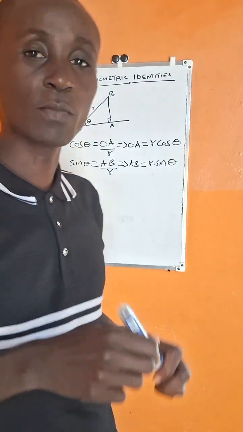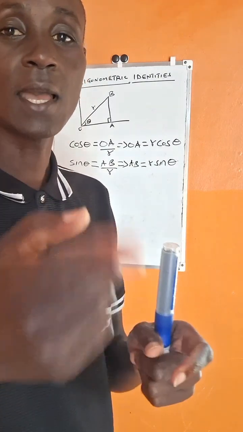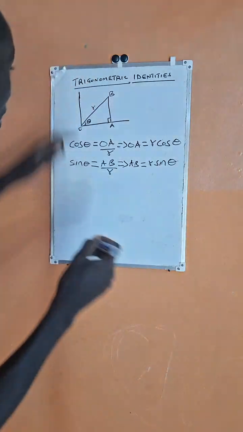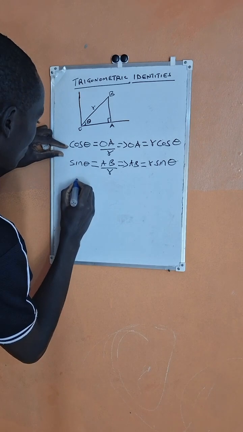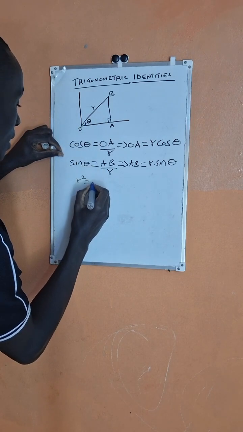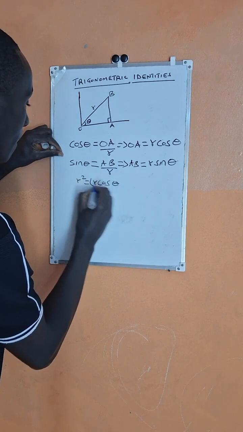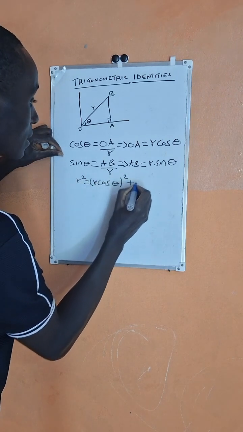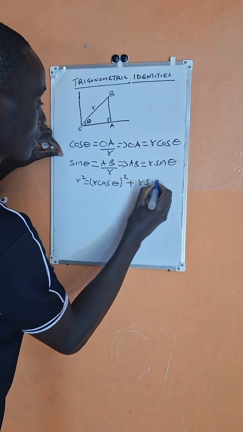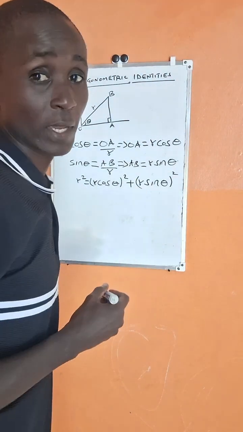But how do we normally get the hypotenuse? You simply take the base squared plus height squared. Then we can now say r squared, which is the hypotenuse squared, is equivalent to (r cos theta) squared plus (r sine theta) squared.